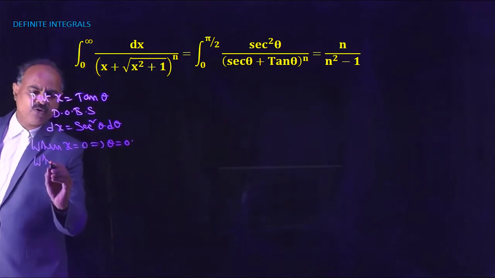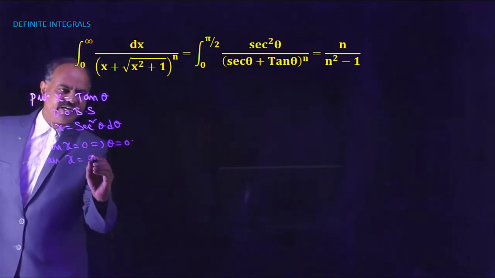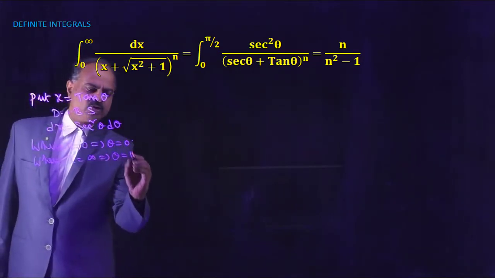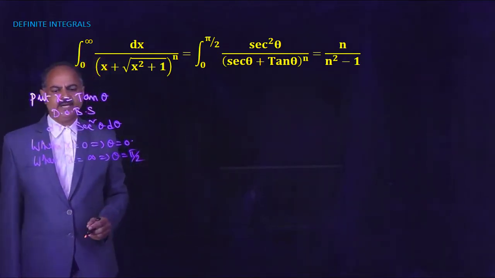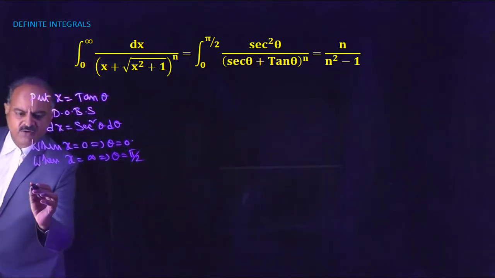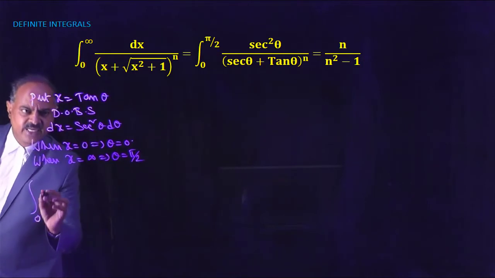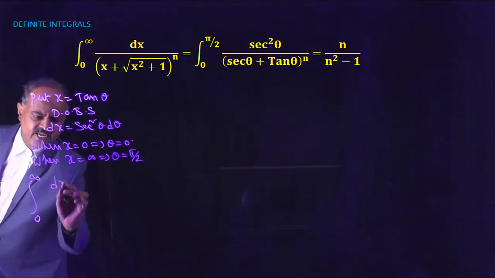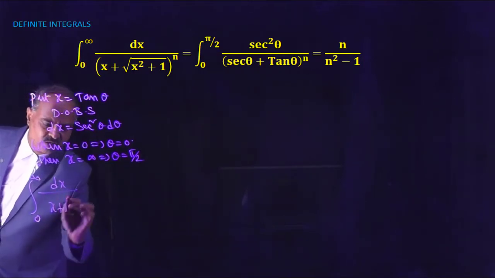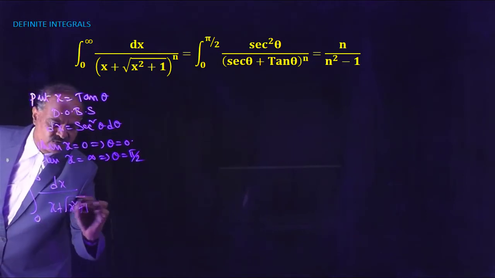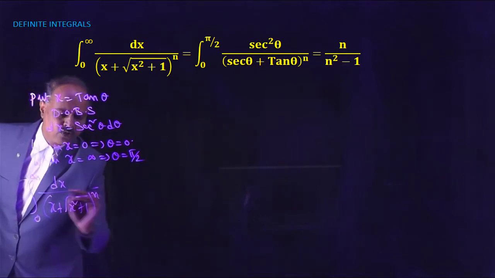When x equal to infinity, this implies theta is equal to pi by 2. Given integral is integral 0 to infinity dx by (x plus root over x square plus 1) whole to the power n.